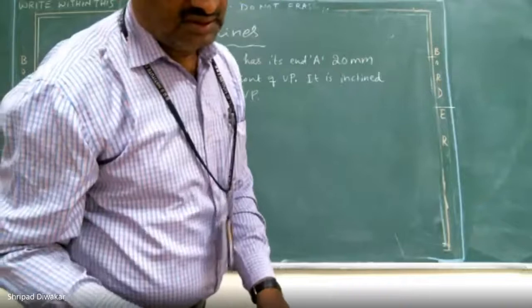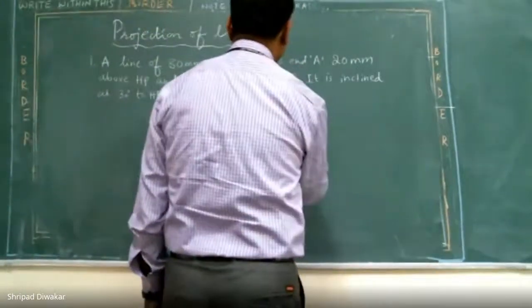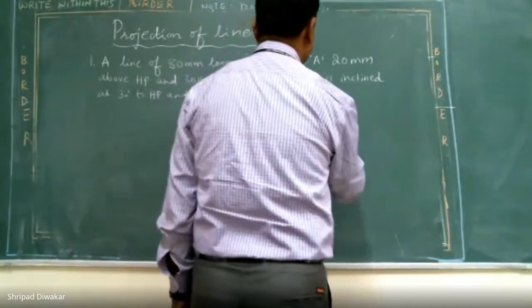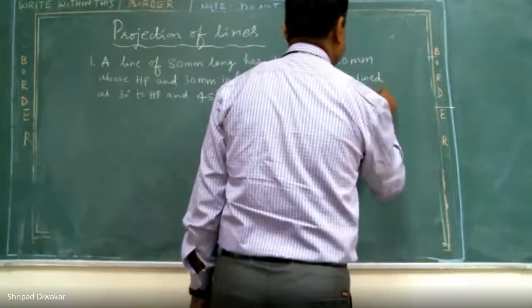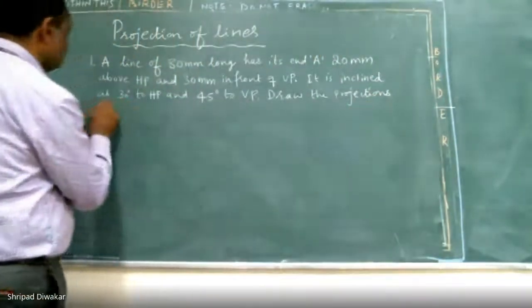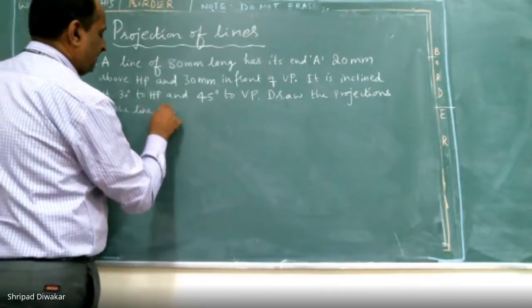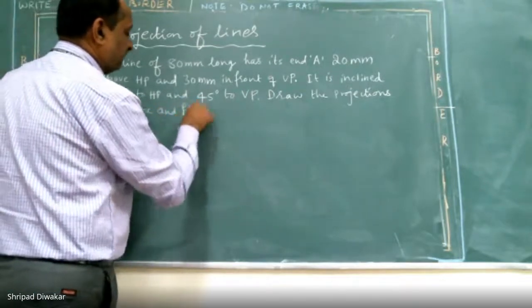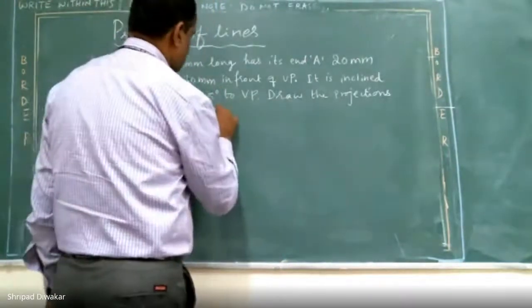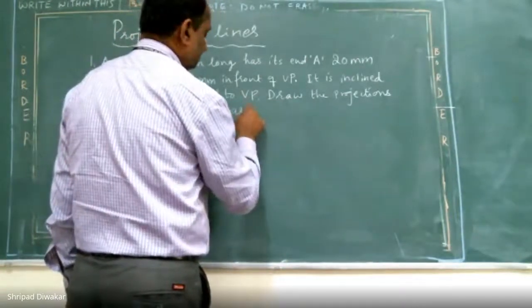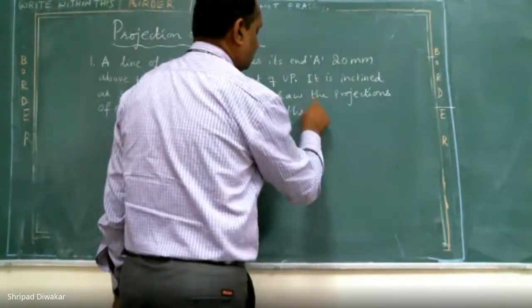Draw the projections of the line, and find apparent lengths and apparent inclinations.